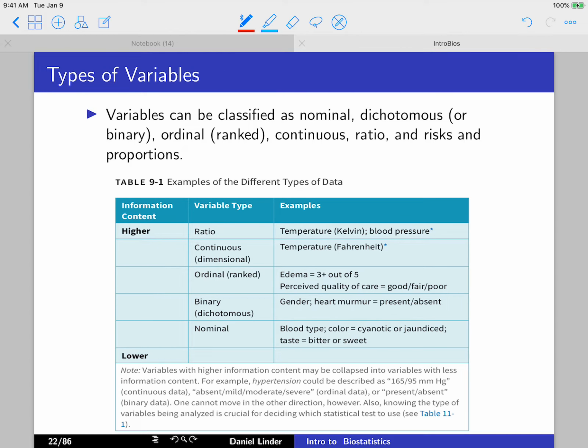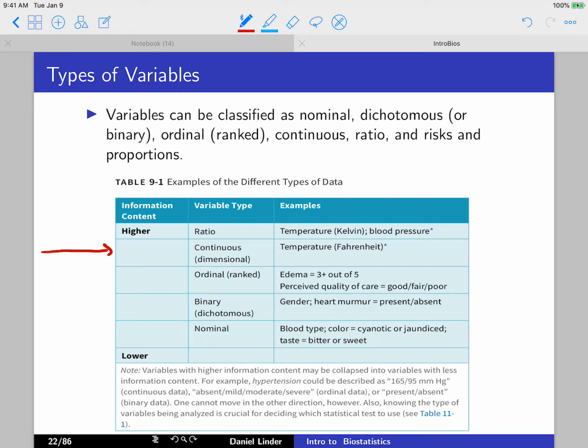In the next rung of the ladder or table, we have the so-called continuous variables. So for instance, temperature in Fahrenheit would be a continuous type of variable. And continuous variables not only let you know about the position of the different numbers that the variable can take, but also something about the differences.